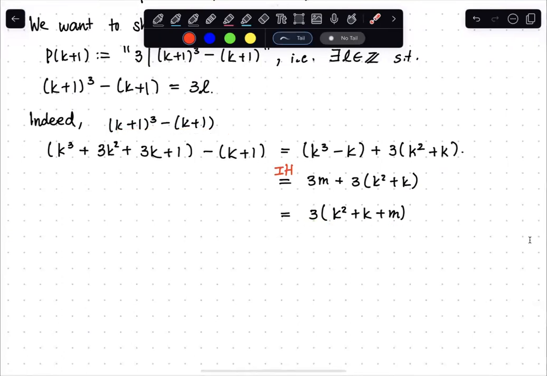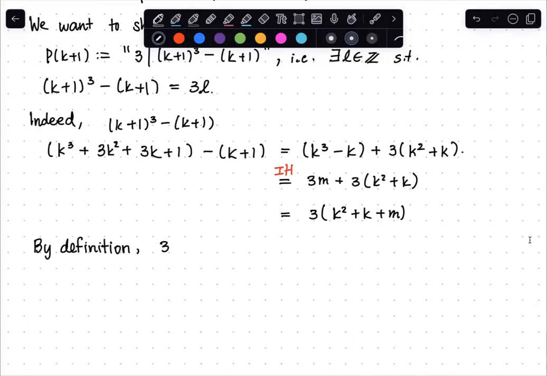So by definition of divisibility, we have that 3 divides k plus 1 cubed minus k plus 1. Therefore, completing the inductive step.